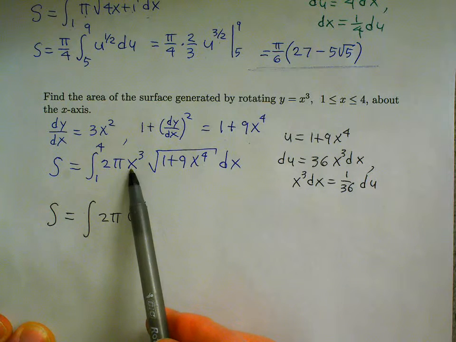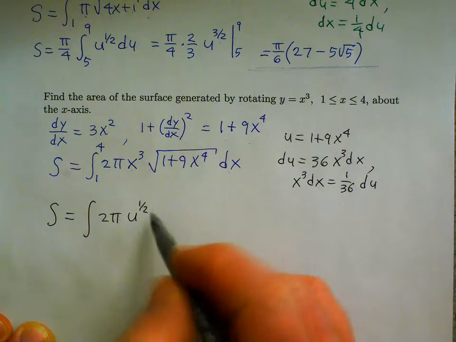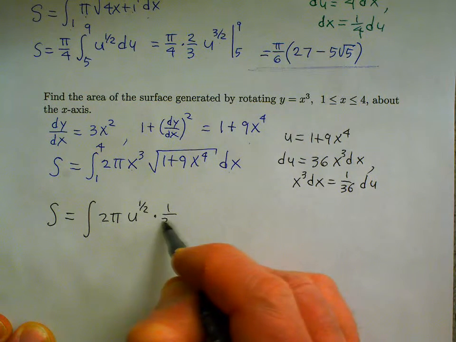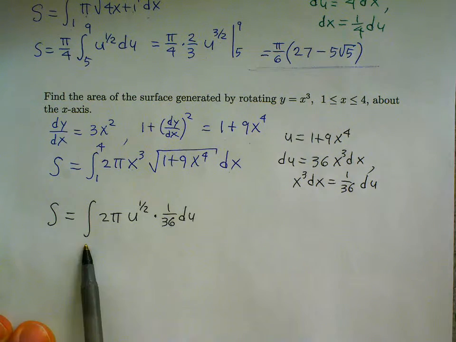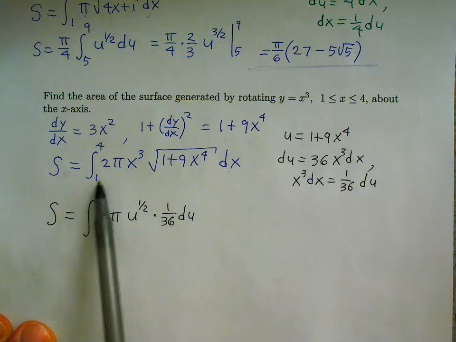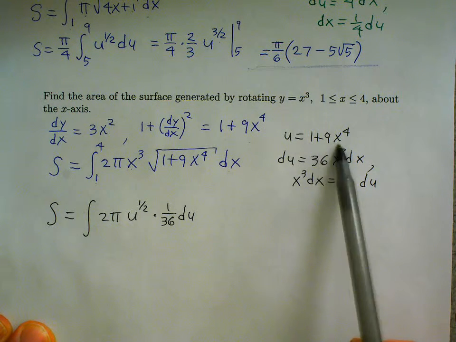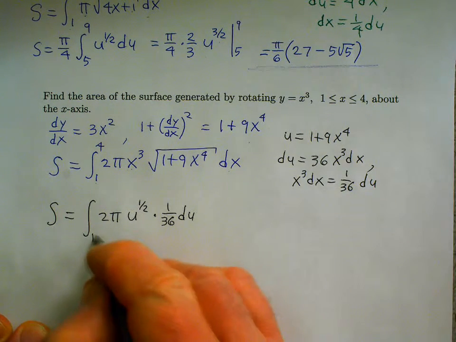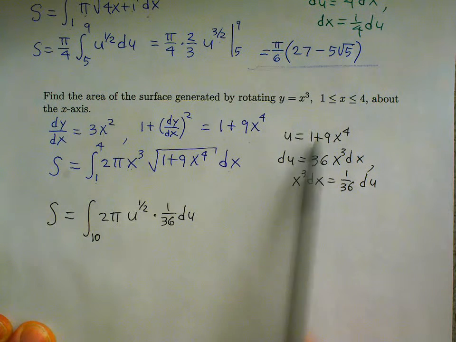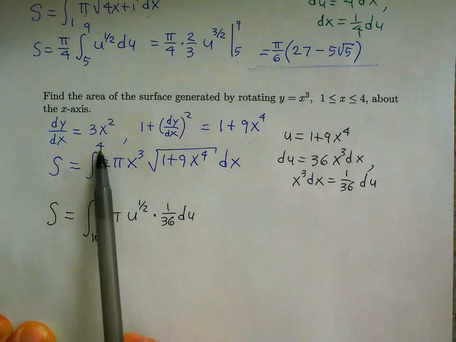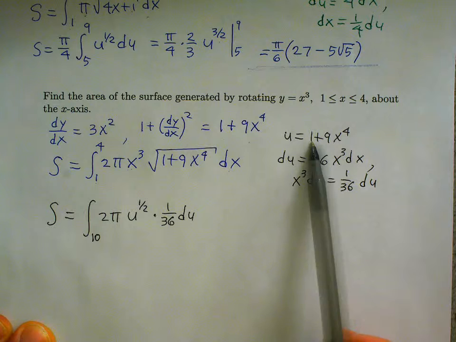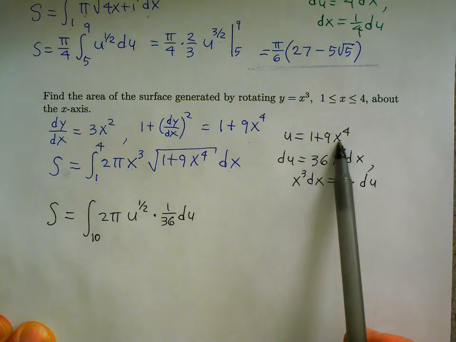Replace x to the third dx with 1 over 36 du. When x is 1, the u value is 1 plus 9 times 1 to the fourth, or 10. And when x is 4, the u value is 1 plus 9 times 4 to the fourth.